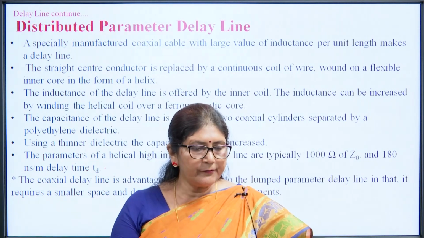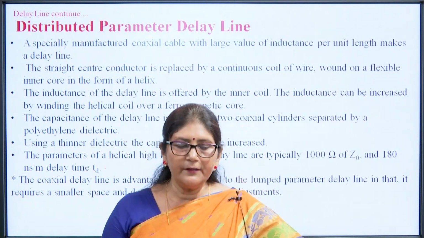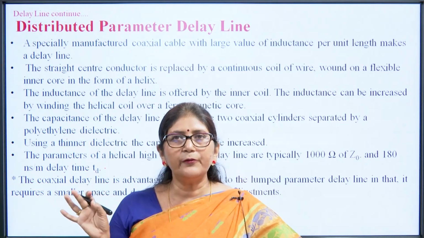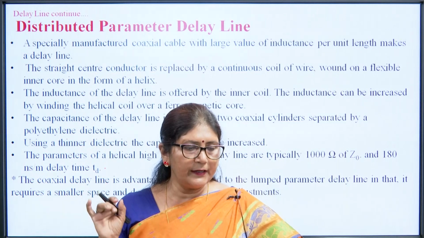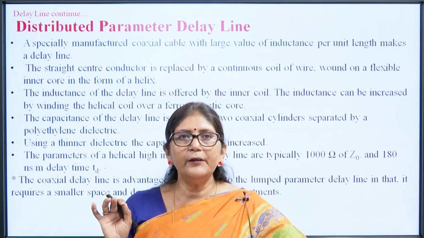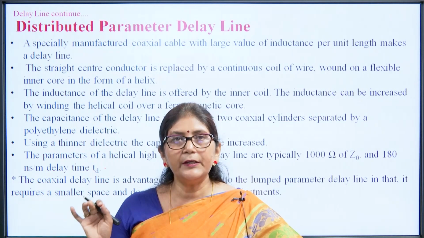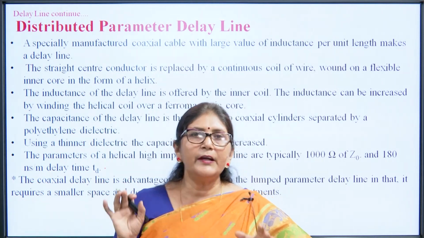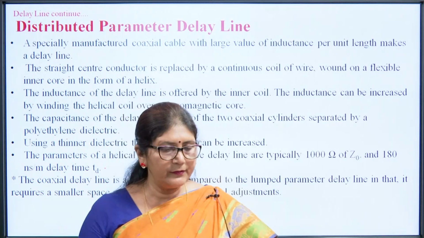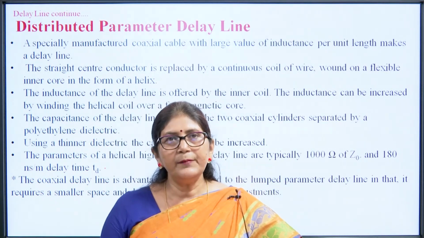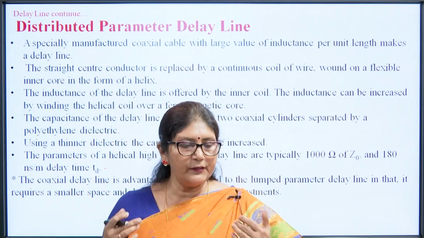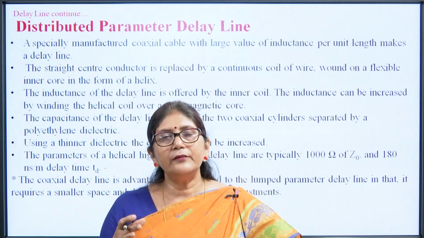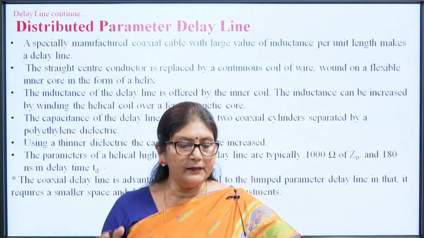The parameters of the helical high impedance delay lines are typically 100 ohm Z naught and 180 nanoseconds per meter delay time. This delay line is advantageous over the lumped parameter delay line, as it requires very little space and does not require very critical adjustment.